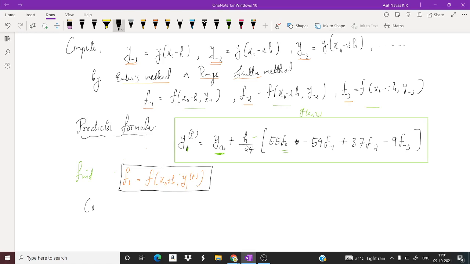Then the last formula, the final value, is the Adams corrector formula. Please note these formulas.